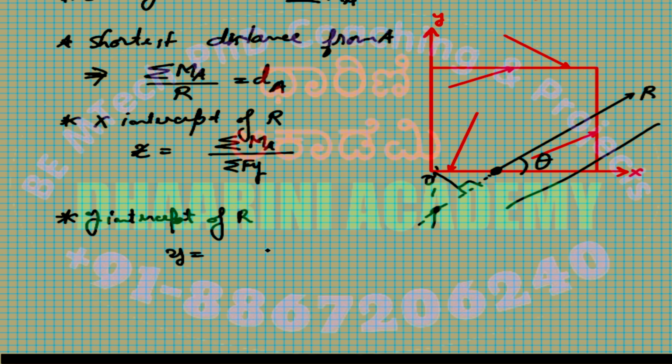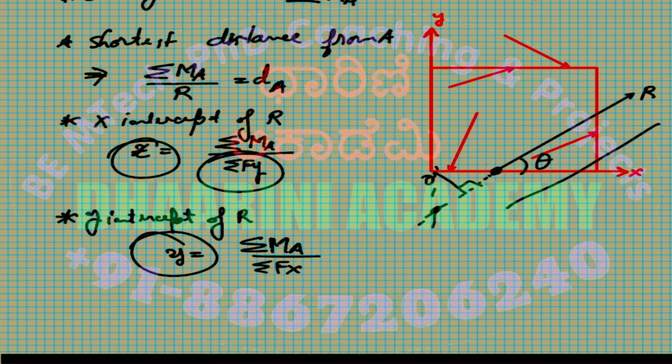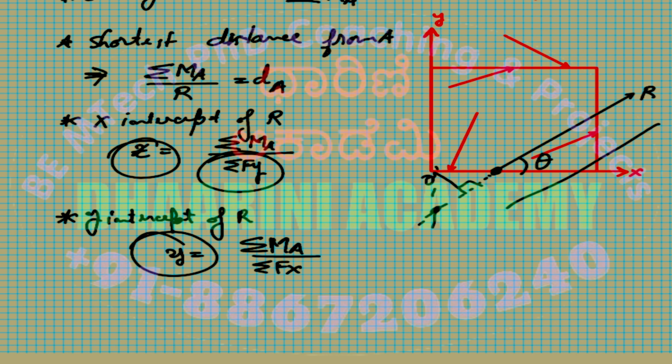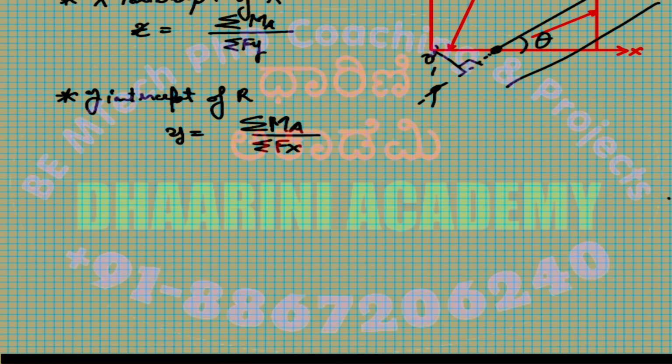Y is equal to summation MA divided by summation Fx. So remember, for the x coordinate you need to use Fy, and for the y coordinate you have to use Fx. All right, so these are the equations to be used.